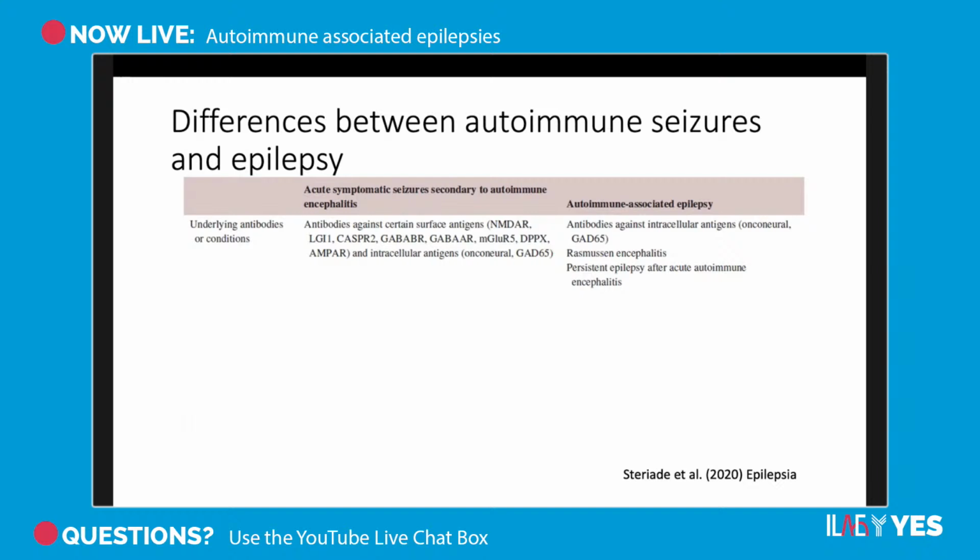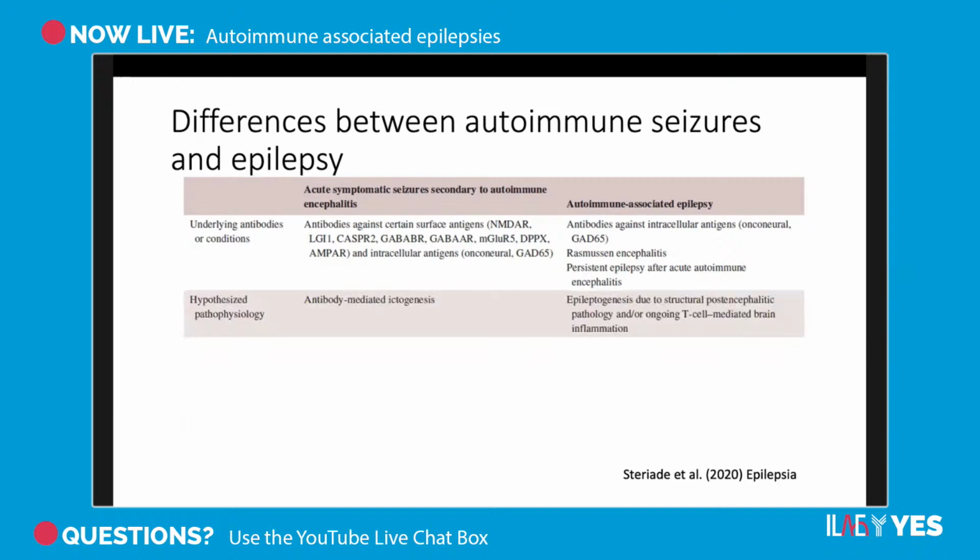And we'll talk about how these patients behave and what the determinants of post-encephalitic epilepsy are. And if you're dealing with a patient who never had a clear syndrome of encephalitis, those are typically patients with antibodies against intracellular antigens like onconeural antibodies like anti-Hu, anti-Ma2, or GAD65. And I'm not going to go into Rasmussen's here because that's a whole separate talk.